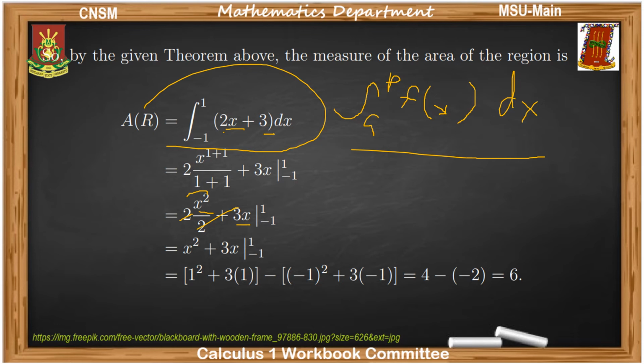After that, we need to substitute the 1 into these x variables to get 4. For negative 1, we also substitute it into this variable and get negative 2. To simplify this, we get 6.